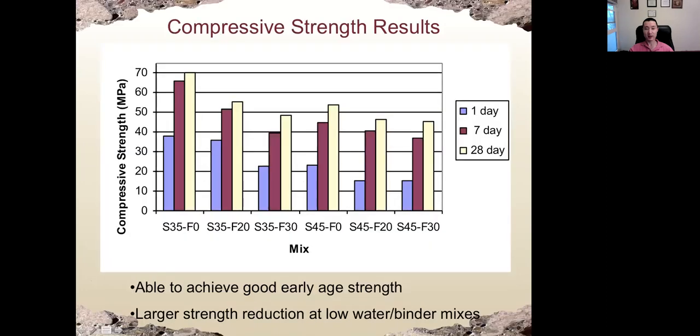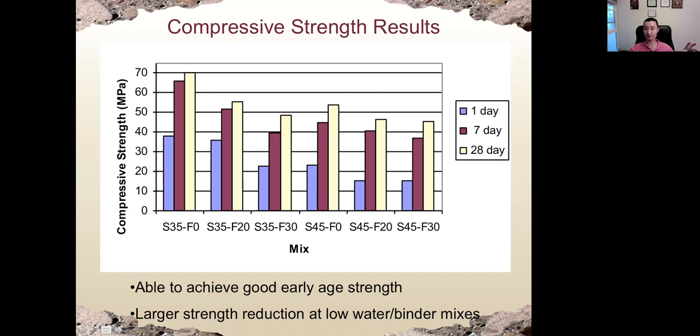Here shows the same 6 mixes, but showing the strength at 1 day, which is blue. The red is 7 days, and the yellow is 28 days. What we can see is for the same 0.35 water cement ratio, if we increase the percentage of fly ash, the strength at 28 days and also 7 and 1 days will be lower.